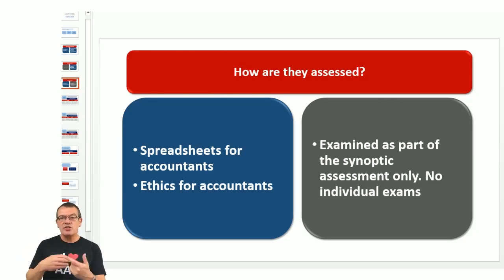And as I'll go on to explain, there'll be 2 parts to the synoptic. And part 1 will be mainly geared around ethics, and the part 2 will mainly be geared around the spreadsheets, encompassing the other units. So there'll be a theme, if you like, a section 1 and a section 2. So the good thing is they're not individual, however, they are part of the synoptic. Okay? So hopefully we're quite clear on how the synoptic and what it's made up of.